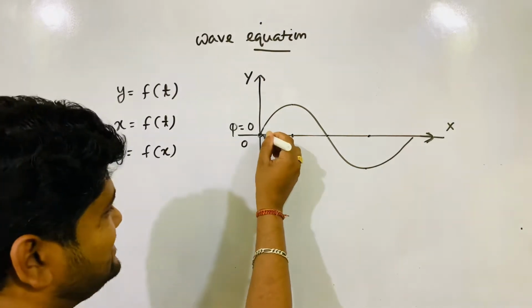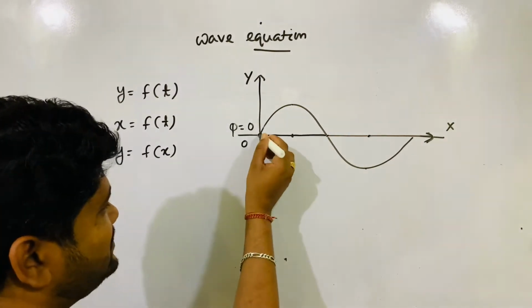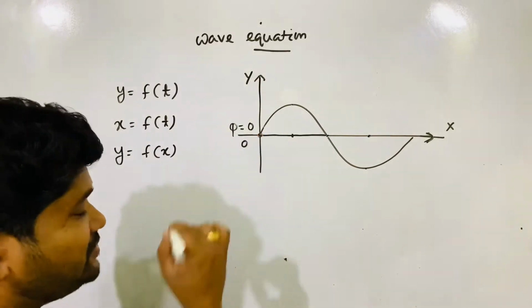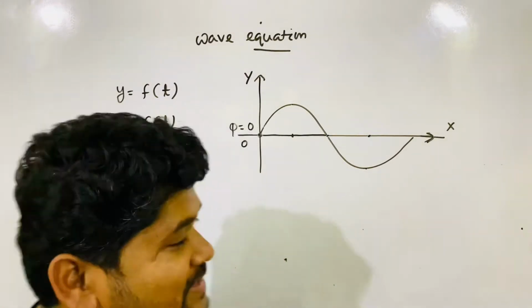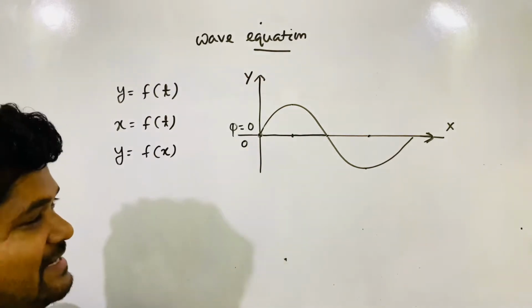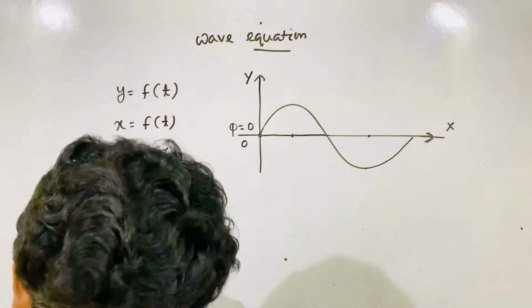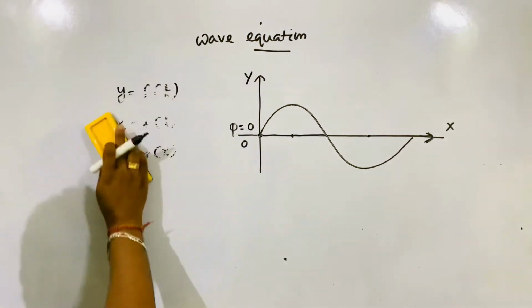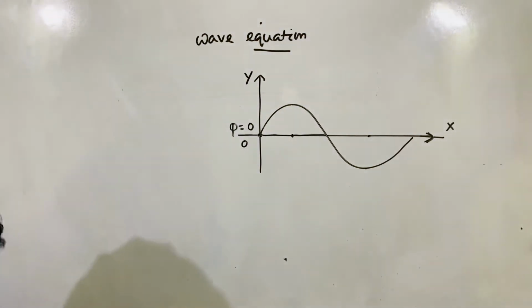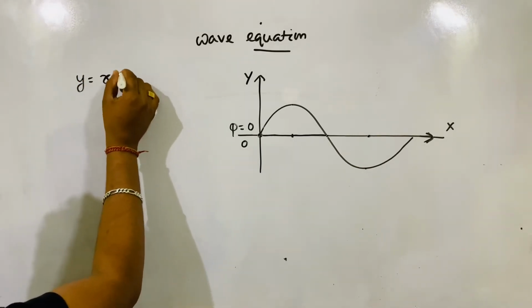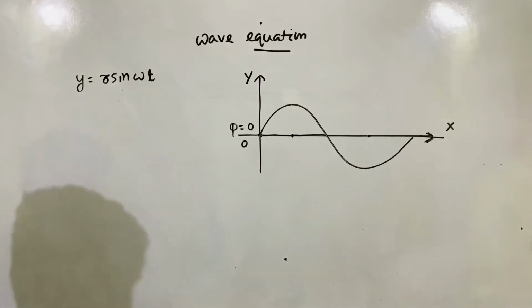Let's write the equation of this particle first, which is at the origin. Its value of x is equal to 0. Why am I interested in writing the equation of this particle only? Because it is at the origin, its value of x is 0. That particle's equation is y equals r sine omega t.